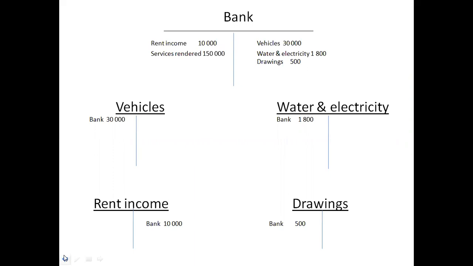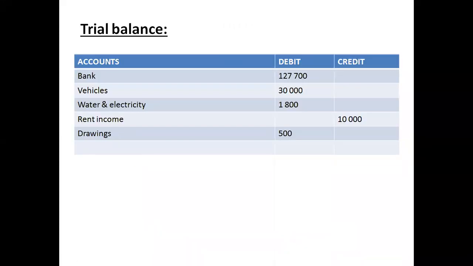The difference that you're going to get between the 2 sides, that will go to your trial balance, and that is the 127,700. And normally, bank is going to have a debit balance. It can have a credit balance, but at this stage that you guys are on, you will normally get a debit balance for bank.